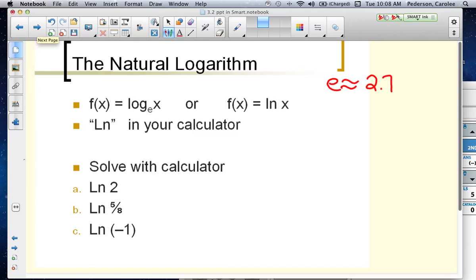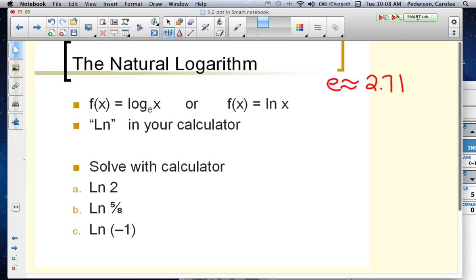2.71. So kind of think of it as pi. Pi, we drop it to 3.14. It's a number that we can't get specifically down, so we approximate it to 2.71, but it has a fancy letter e to represent it.